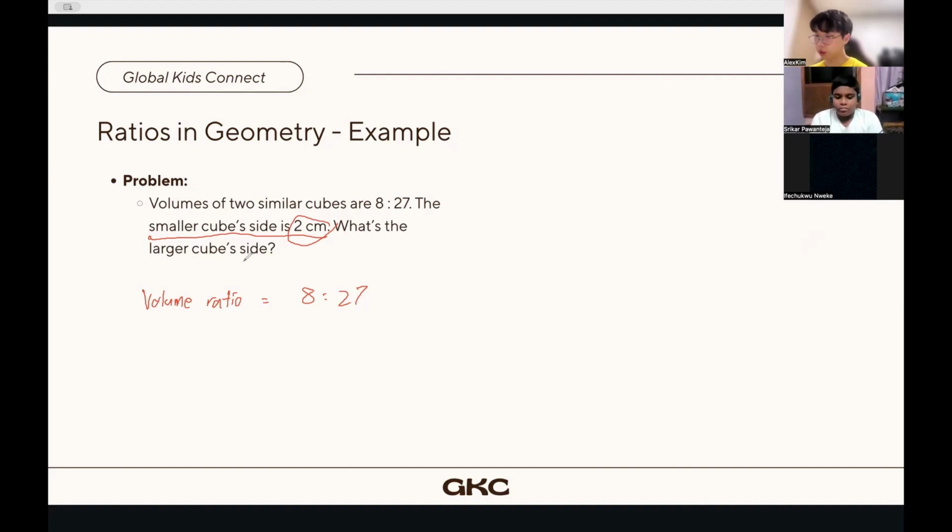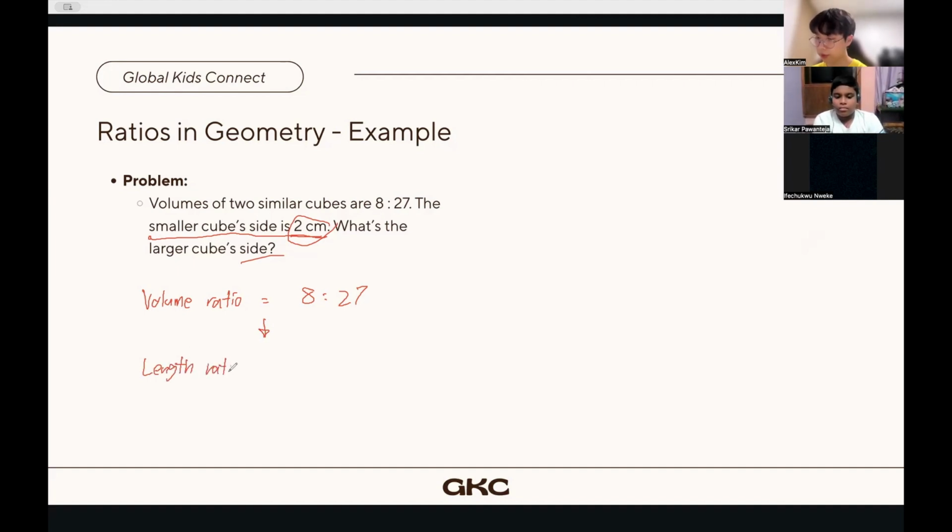We're given a length of the side and also asked for another length, the larger cube side. Because what we need to find is in lengths, we can change this volume ratio into a length ratio.